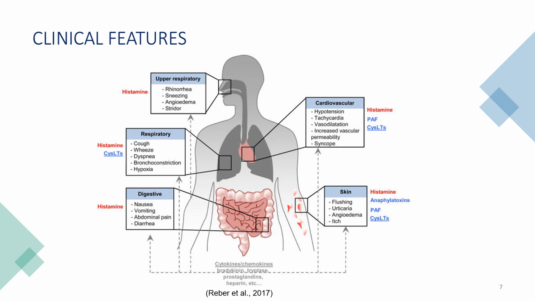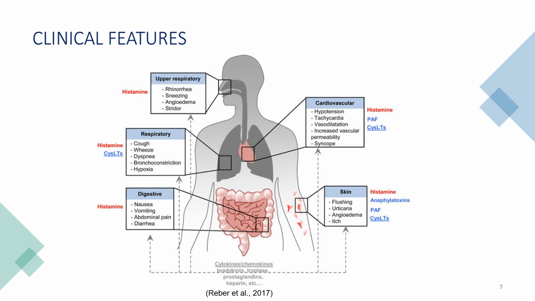Clinical features for anaphylaxis include respiratory issues: cough, wheeze, dyspnea, and hypoxia due to bronchoconstriction, and angioedema and stridor due to inflammation. Neurological impairment sees altered mentation and confusion. Digestive features include nausea, vomiting, abdominal pain, and diarrhea.